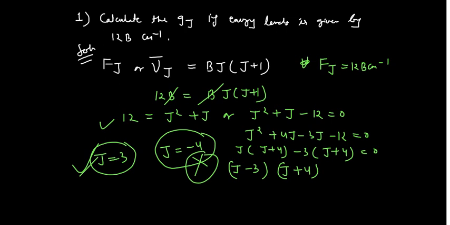So before signing out, I want to solve one more problem for you. Say for example, second problem you are having. The question is like that: the degeneracy, that is Gj, of a certain rotational level is given, that is 11.